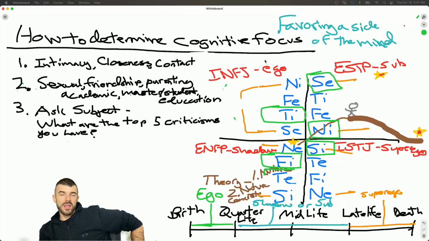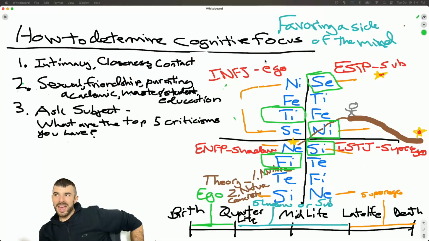Because it's not good enough to ask your subject how they see themselves. It's far more valuable to ask your subject how other people see them. And that will reveal cognitive focus.